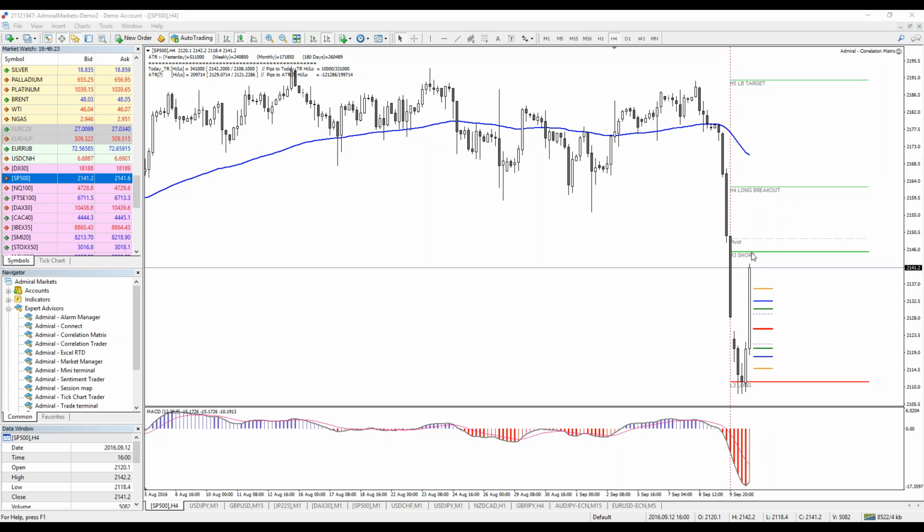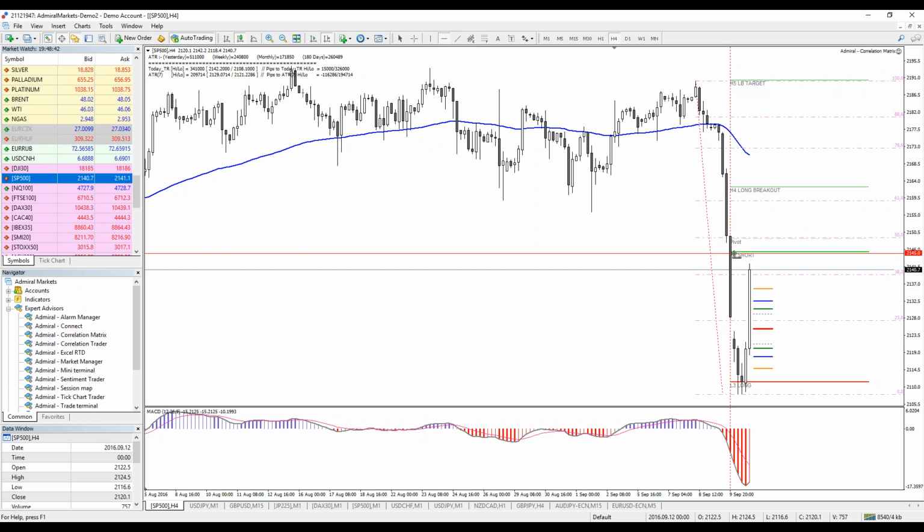So it's close to resistance now. And if you go with Fibonacci, we possibly have a Fibonacci here. Yes, you see here, H3 and 50 resistance zone. This is a zone of resistance.